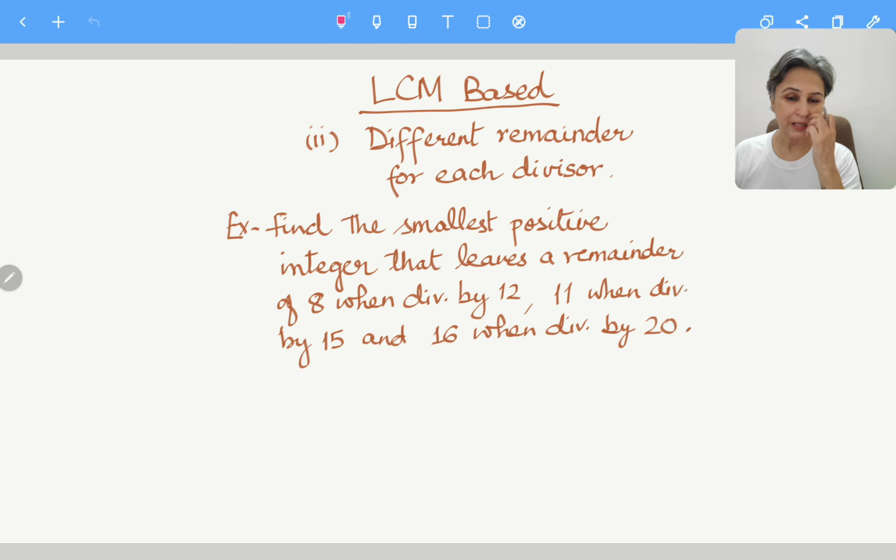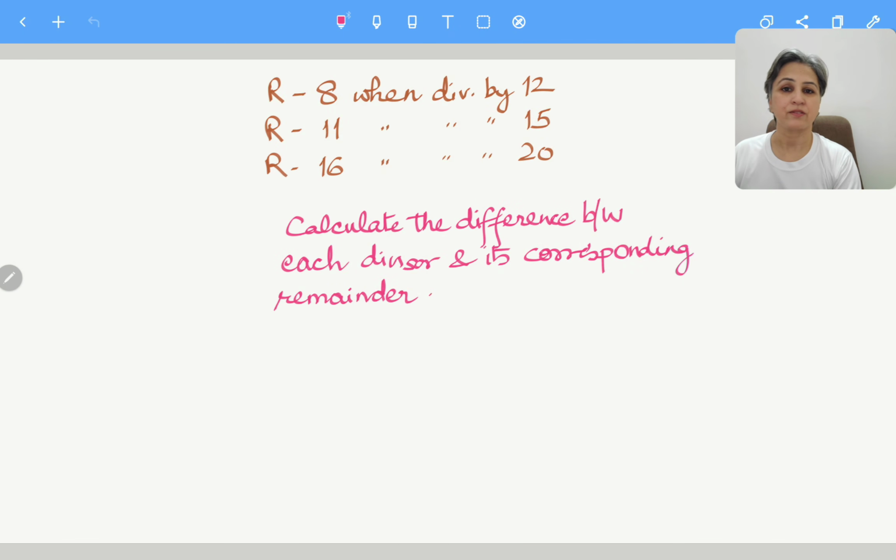So what we do in this case is that first of all, we find the difference between each divisor and its corresponding remainder. So each divisor, it's 12 here and its corresponding remainder is 8. We find the difference. So the difference is 4.